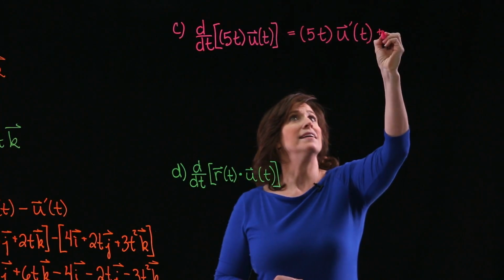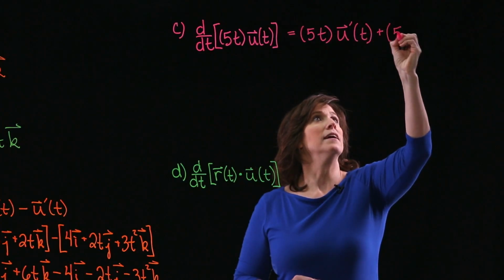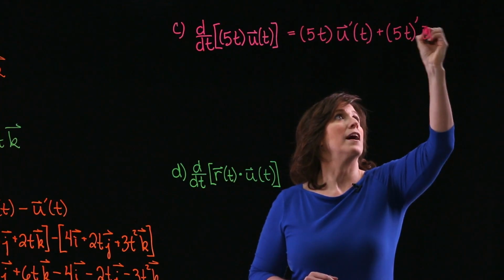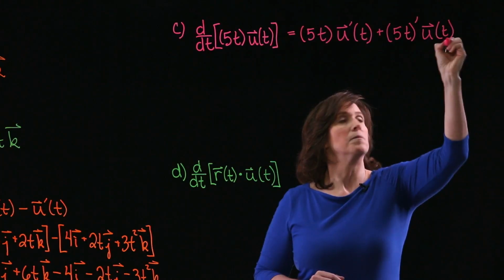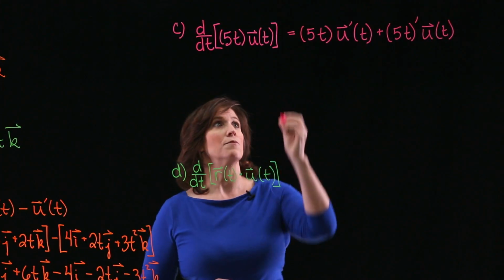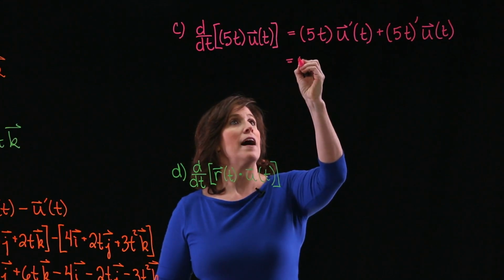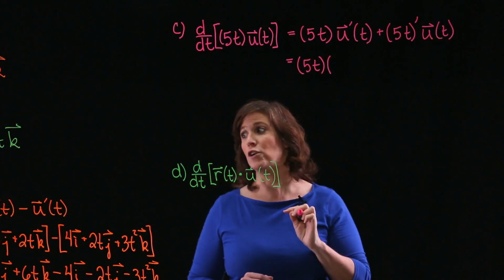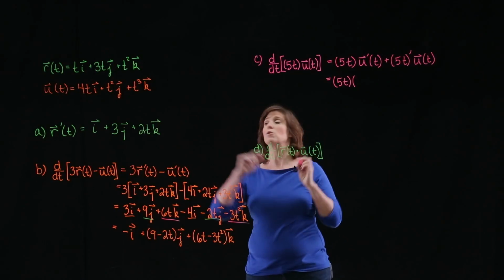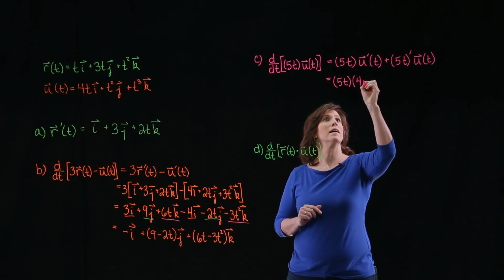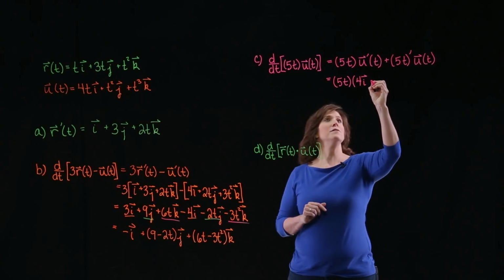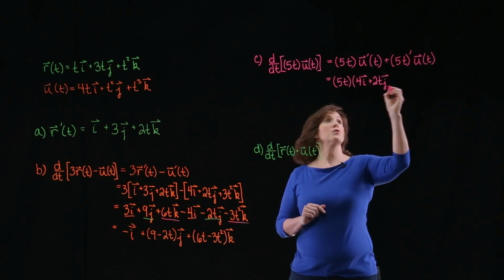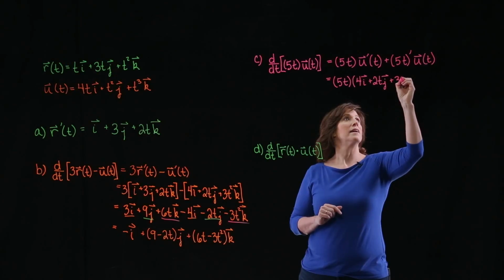Then I'm going to add the derivative of 5t times my vector valued function u. Plugging in this information, I have 5t times the derivative of u. Now I said that the derivative of u is going to be 4i plus 2tj plus 3t squared k.